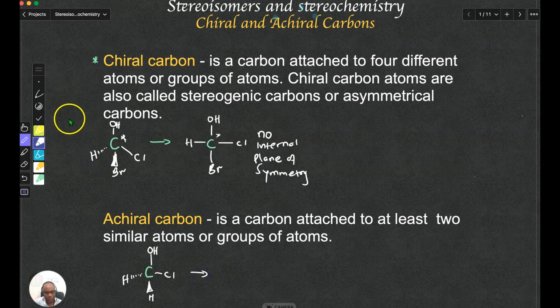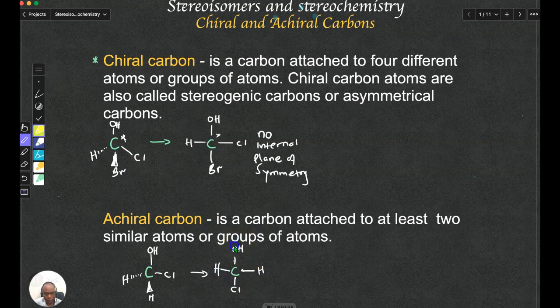This can be easily drawn suggestively like this. Okay, so without showing the dashes and the wedges, can be easily drawn, maybe something like this, just to show you that there could be a way of symmetry.